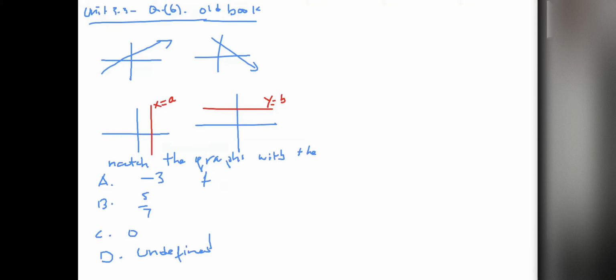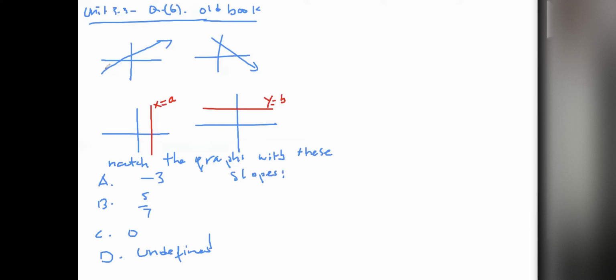With these, just say with these slopes. Each one of these represents a value for the slope. The value is negative, the value is positive, the value here is 0, and D finally is undefined. So each one matches exactly only one of these.